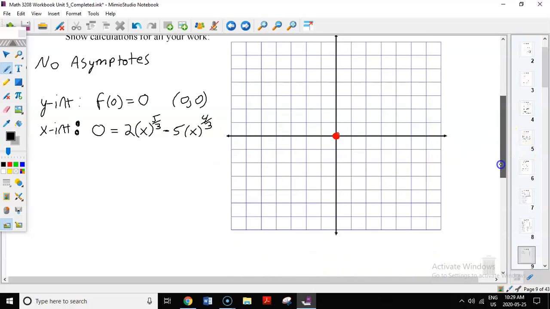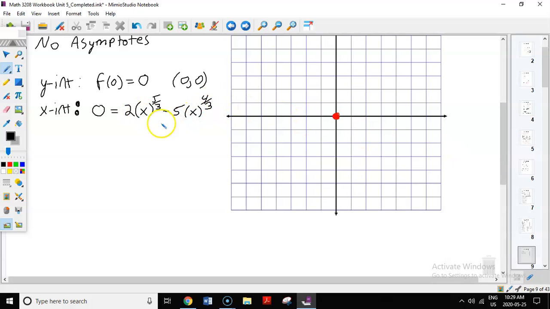So solving for 0 means we got to factor if we can. So there is a common factor here of x^(4/3). So I can factor out x^(4/3), and I'm left with 2x^(1/3) minus 5.